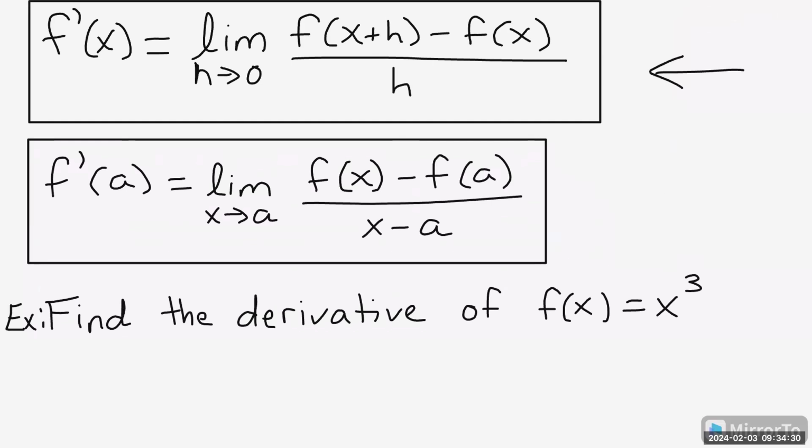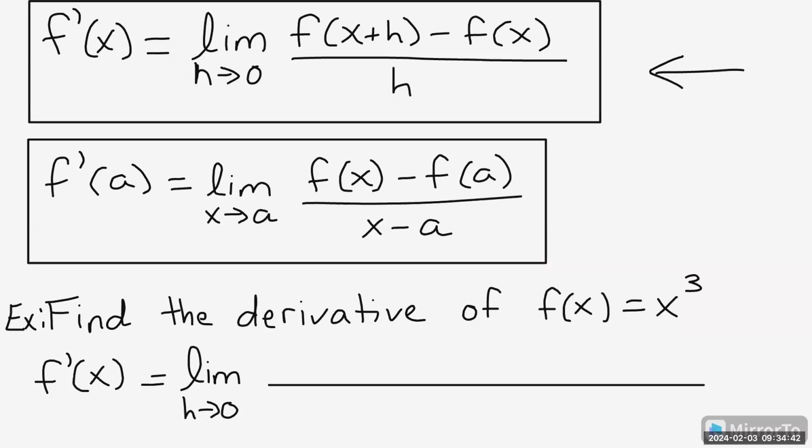So just using that definition, we can say that f prime of x is equal to the limit as h approaches 0 of, for the f of x plus h part, I need to plug in x plus h for x.